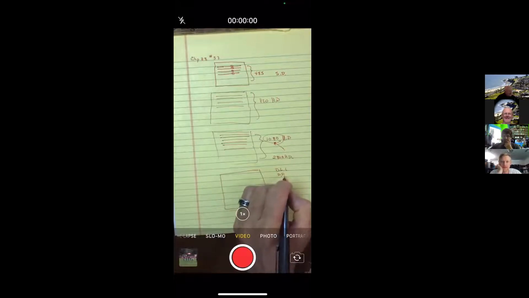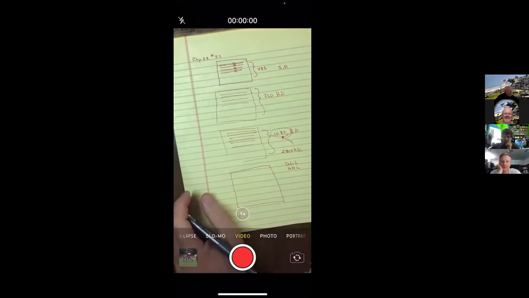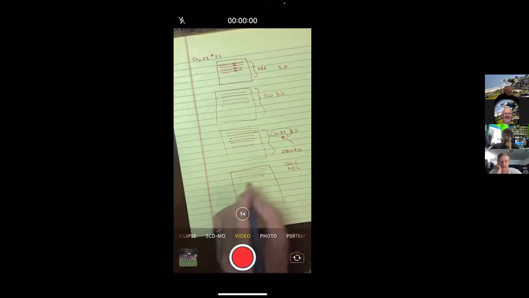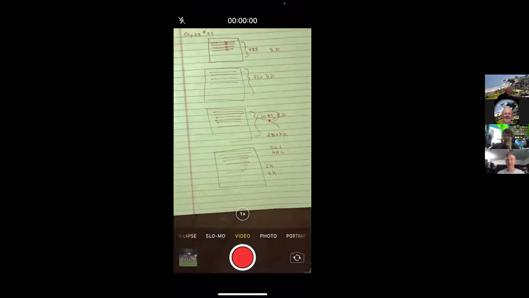Yeah, it's kind of crazy. You can get like 4K TVs now for like under $500. You can get small 1080 TVs for maybe a little over $100. Yeah, crazy.